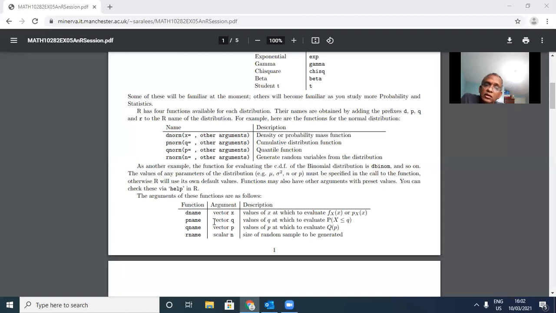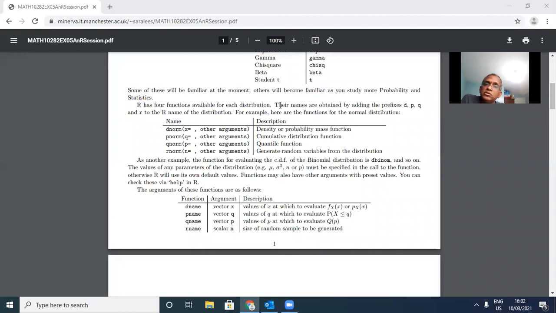And if you say P followed by name, that will compute the CDF, or the probabilities associated with the distribution, right? And if you say Q followed by the name of the distribution, then it will compute the quantiles associated with the distribution. And finally, if you say R followed by the name, that will generate random numbers from the distribution. All right, so it's D, P, Q, R. It's not difficult to remember.